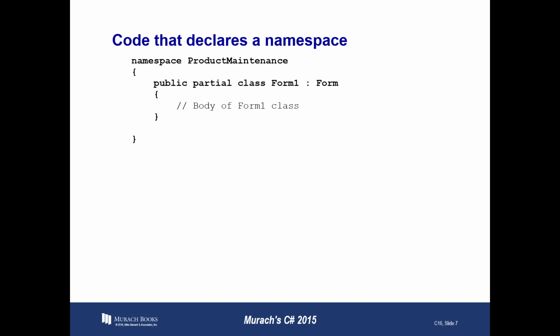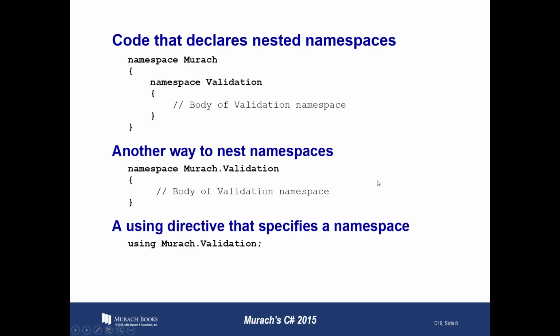All right. By default, when you add a class to a project, it's added to the namespace with the same name as the project. You can nest namespaces, so you can have a namespace within a namespace. One way to do that is to include a namespace statement within the body of another namespace, as shown right here.